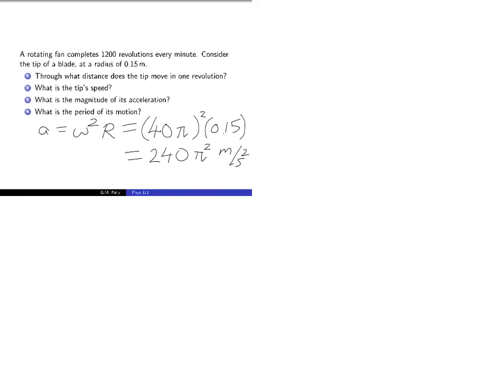Finally, we look at the period. We have T is equal to 2 pi over omega, which is 2 pi over 40 pi radians per second, which simplifies into 1 over 20 seconds.